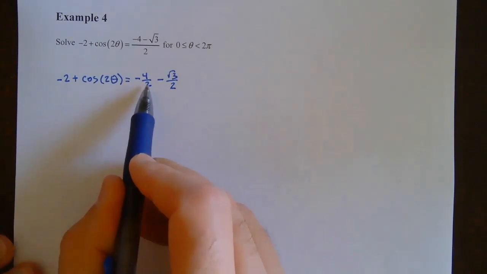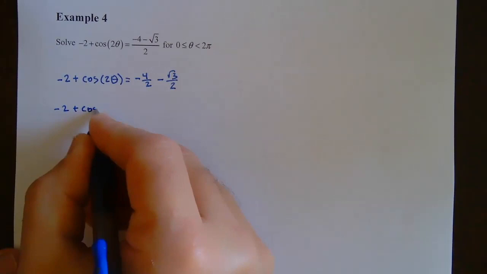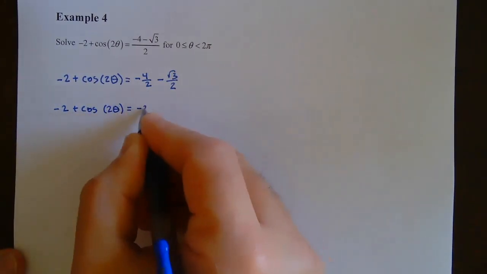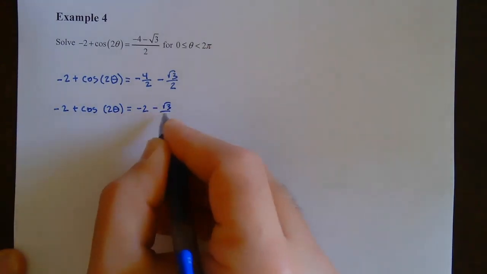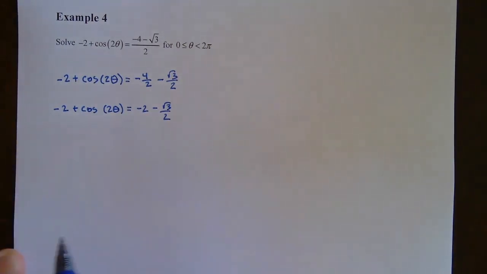Well, what's this one? -2, right? So this would be -2 plus cosine of 2 theta is equal to -2 minus the square root of 3 over 2.